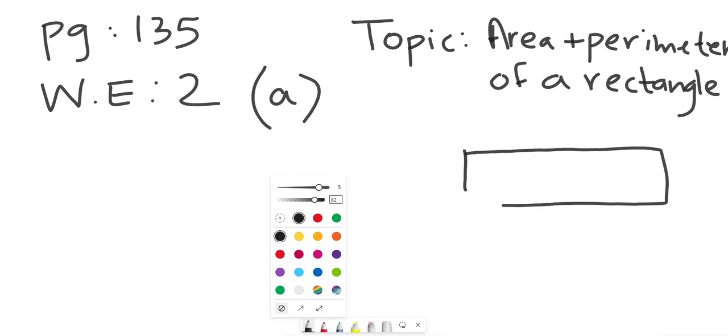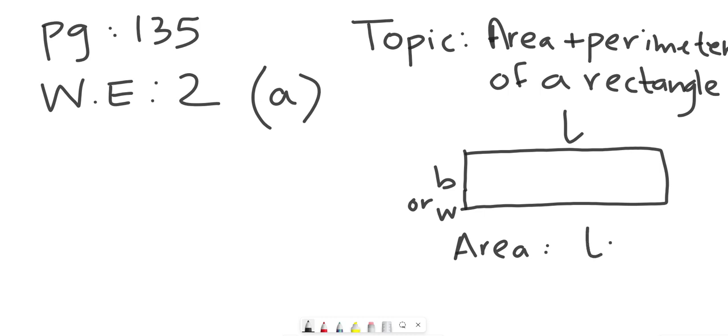We have this rectangle. Okay, so we have got its longer side as L and its shorter side as breadth, or it can also be written as width or W. Okay, so area means length multiplied by breadth, or length multiplied by width, whatever you want to call it, it's fine.